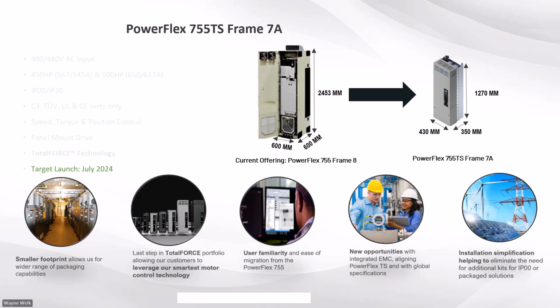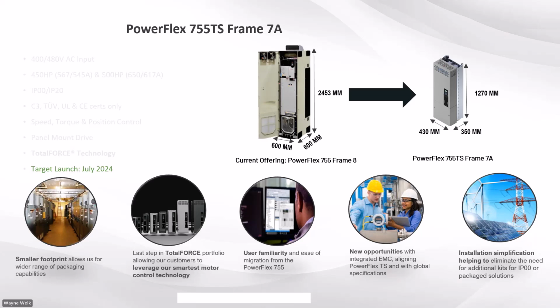We can do a lot more with it as far as getting it in 3R panels. We have a lot of requests to get that larger frame drive into the 3R panels, and 4X, NEMA 4, 4X as well. So you can see the dimensions on that are considerably smaller. More user friendly as far as what we're doing with getting them into enclosures.